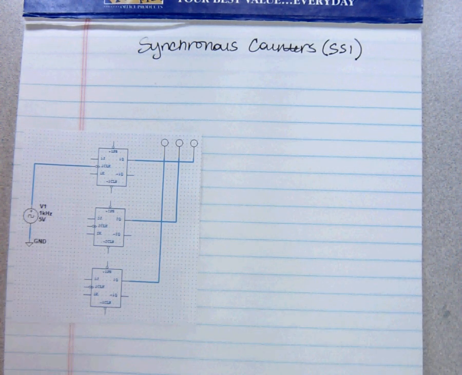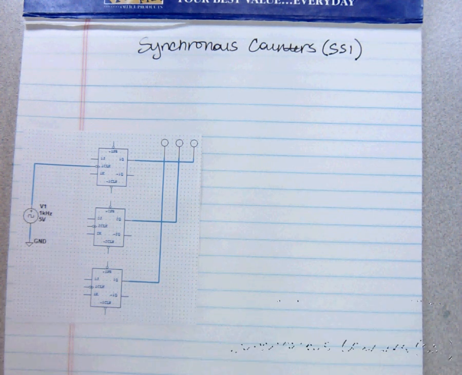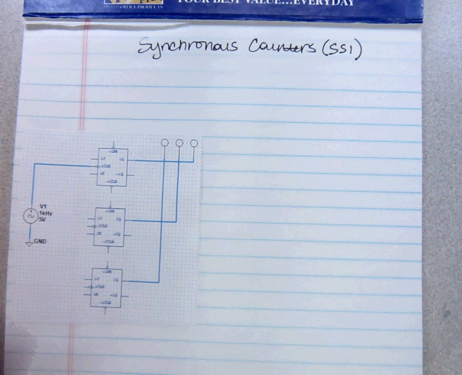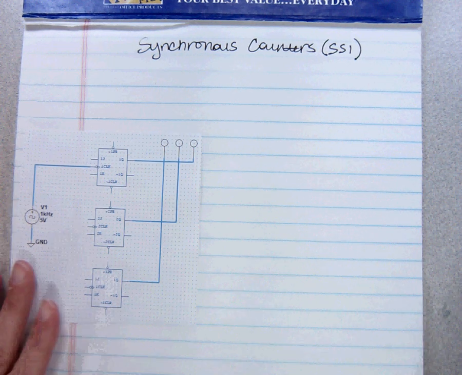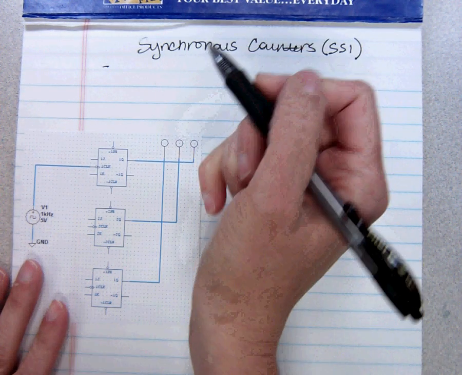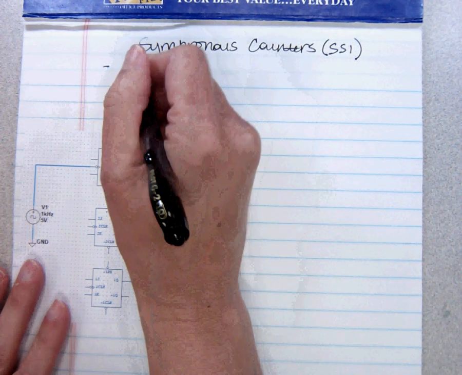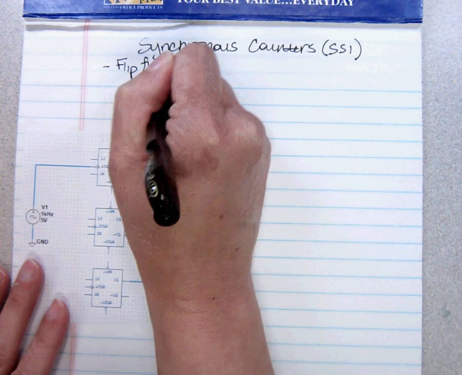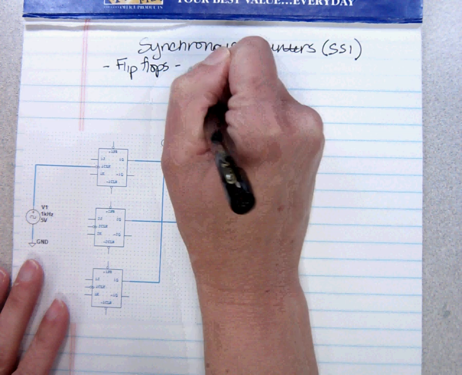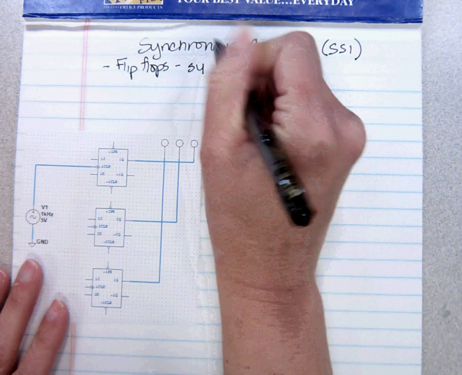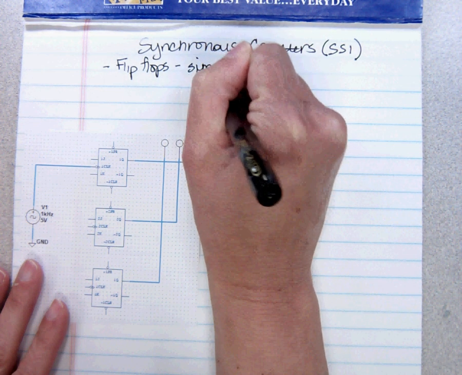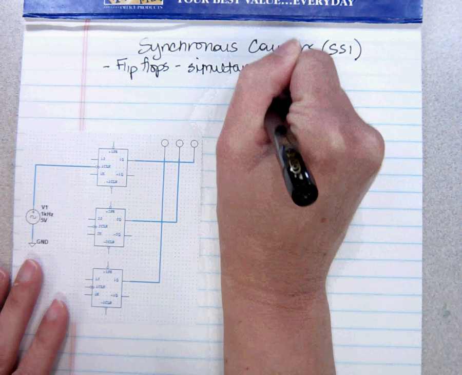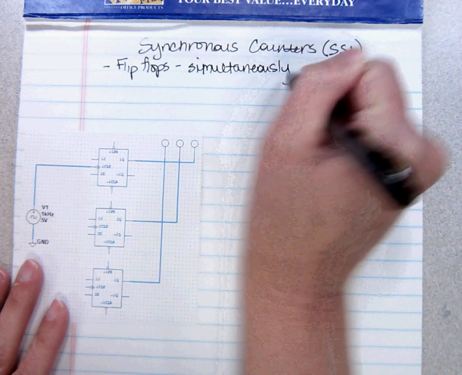Okay, so we're going to talk about synchronous counters today, specifically SSI logic, or small scale integration. And hopefully you know from previous lessons that that means it's incorporated with flip-flops. And they are simultaneously clocked.